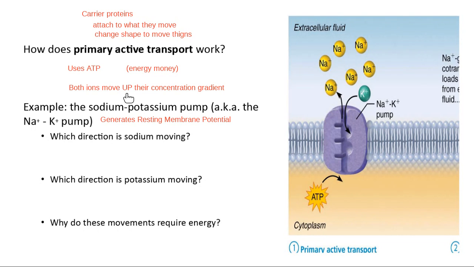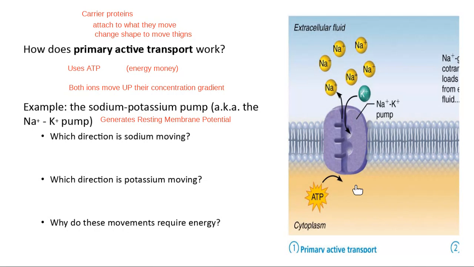Both things are going from where there's not a lot of them to where there's already a lot of them. And you can see that in our picture over here of the sodium-potassium pump. Notice that sodium is going out of the cell. We're spitting sodium out. And remember, our cells are salty bananas. There's already a lot of sodium out here. I'm putting even more sodium out. I'm going up my concentration gradient with sodium.